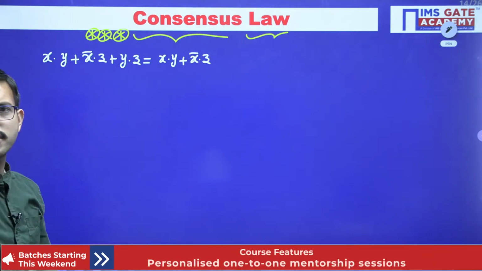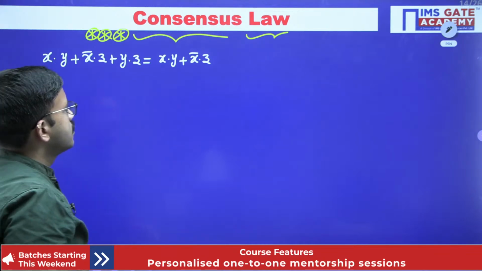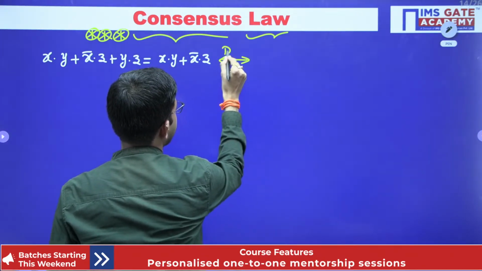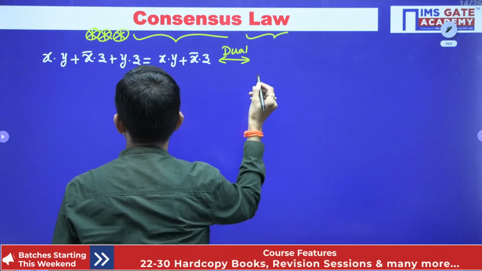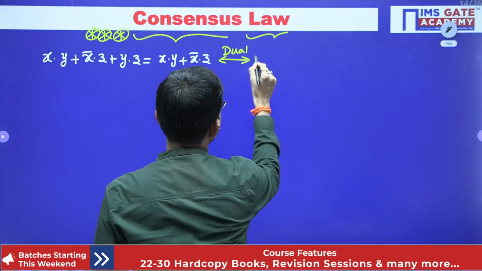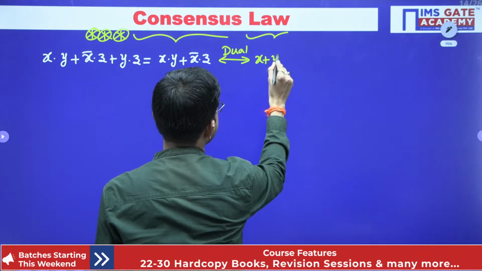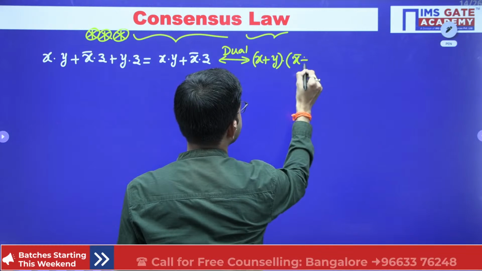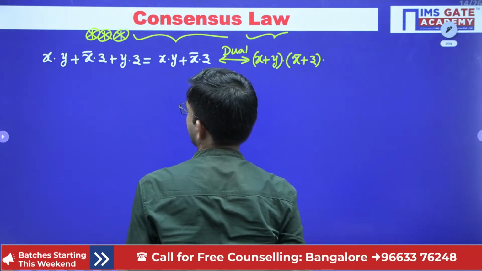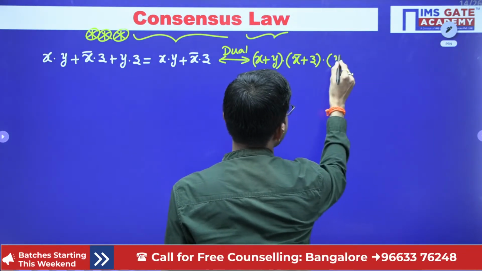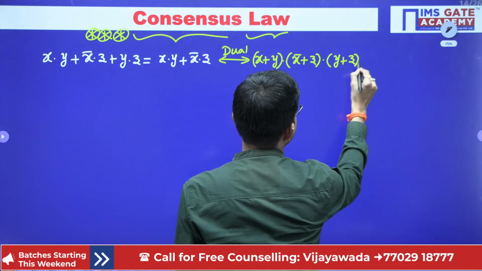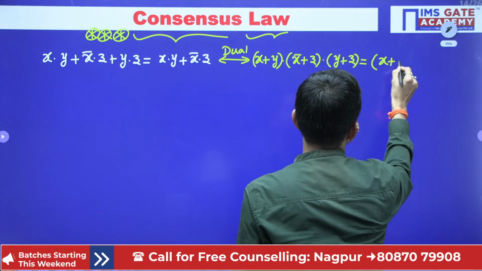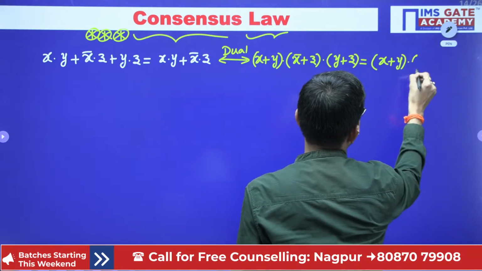Similarly, if you apply dual, you will get x plus y into x bar plus z into y plus z is equal to x plus y into x bar plus z.